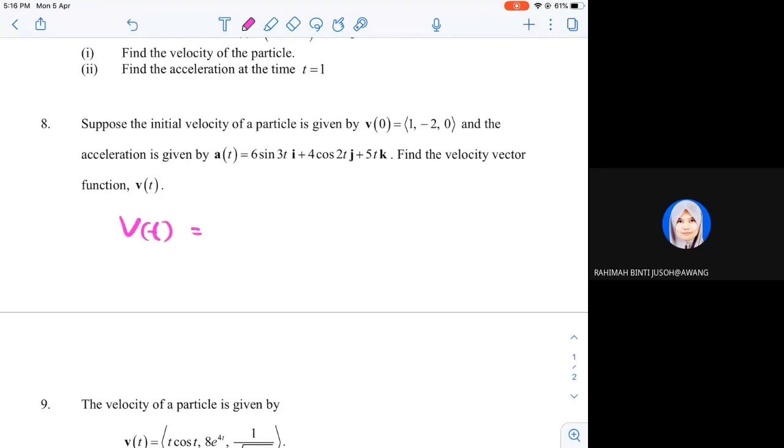Lepas tu dia samaan dengan apa? Integrate ke differentiate sekarang ni? Ada interval. Integrate. Yes, you have to integrate your acceleration dt, and then you akan dapatlah plus C1, plus C2, plus C3 tu. And then you kena compare dengan nilai yang dibagi.